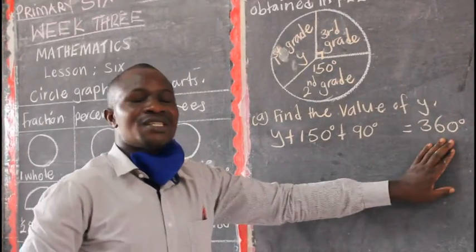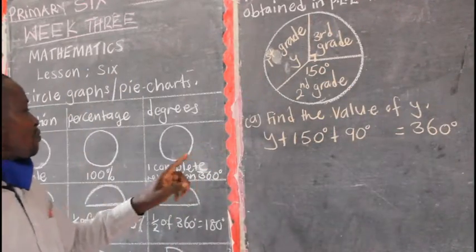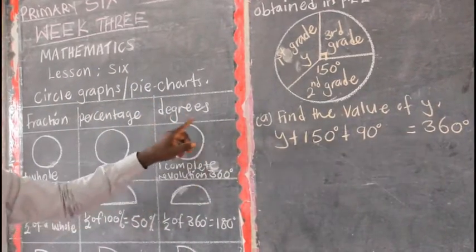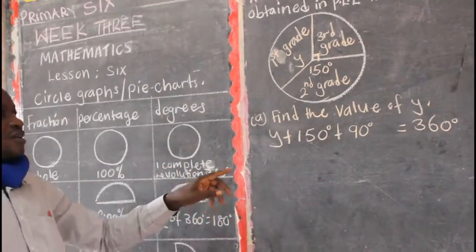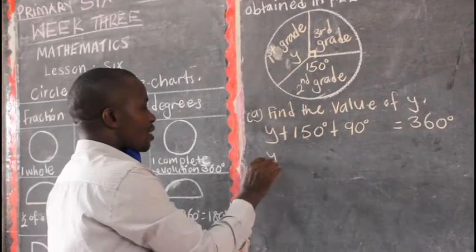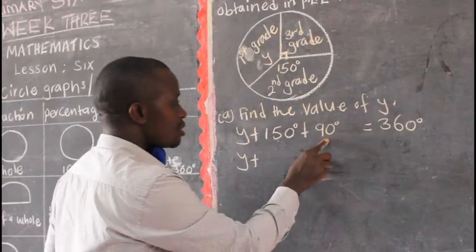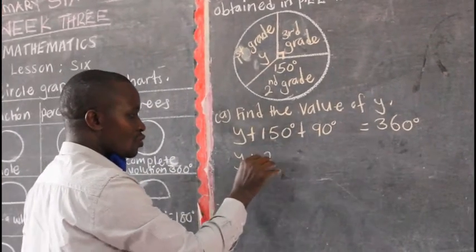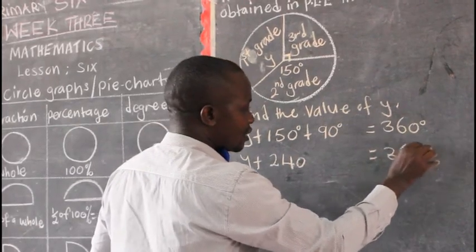Where am I getting the 360 degrees? It is the one which makes up the whole circle, which is 360 degrees. Then, to get the value of y, we add 150 plus 90 degrees and come up with 240 degrees.